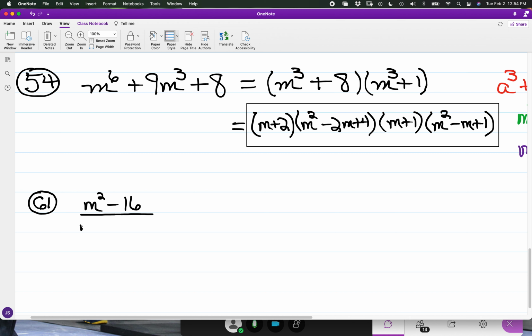So here we have m to the second minus 16 all over m squared minus m minus 12. For the setup, if I factor, in the numerator we have m plus 4 times the quantity of m minus 4.